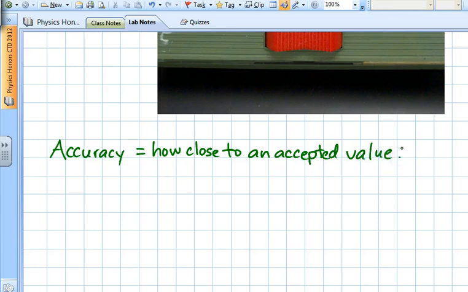For example, let's say that you take a quarter, and a quarter has a mass of 5.670 grams. So this is the mass of a quarter. I looked it up on Wikipedia.